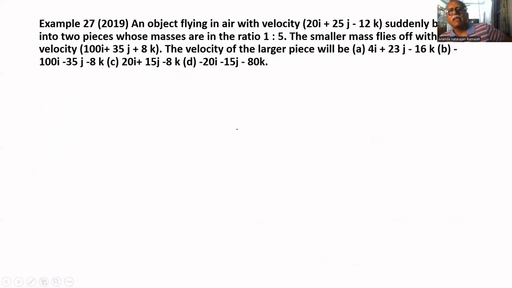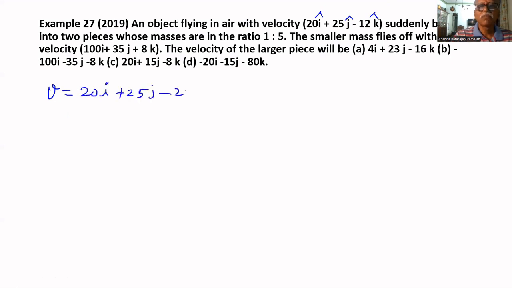An object flying in air with velocity 20I plus 25J minus 12K suddenly breaks into two pieces. Its velocity is given.